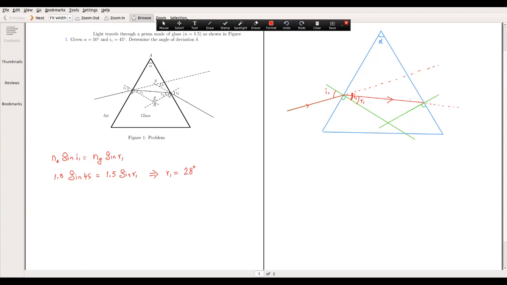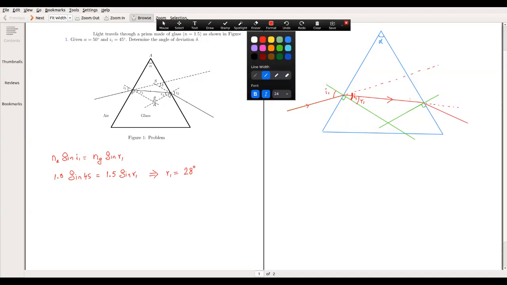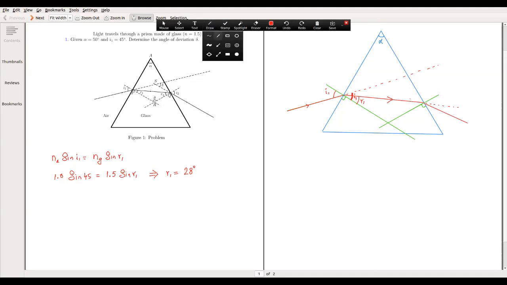It goes away from the normal, and that's your emergent ray. And if I were to project it backward, I think it's better to project it using a dotted line. So that's my projection in the backward direction.